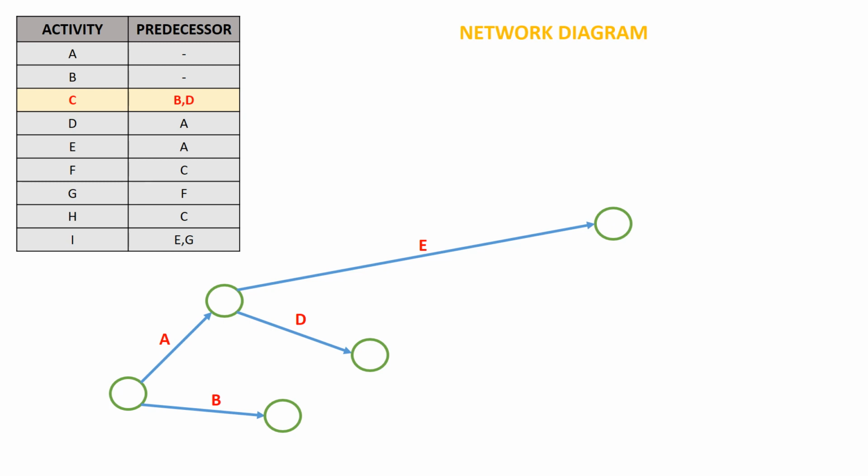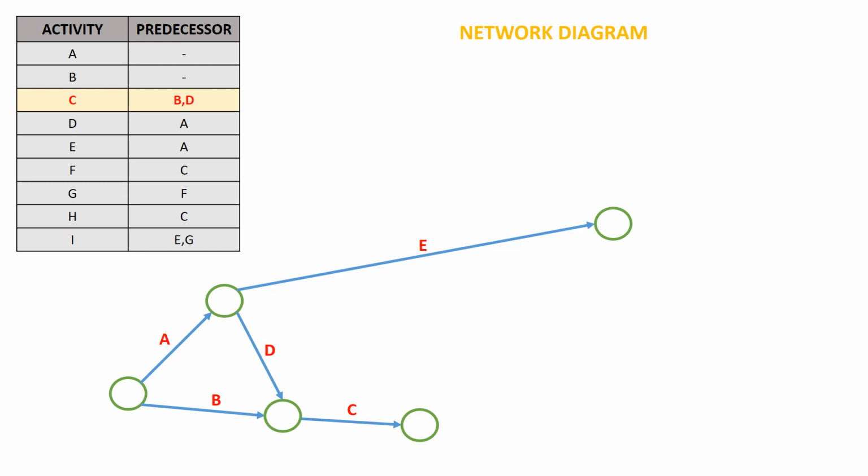So in order to get B and D as the predecessors, I need to erase activity D and draw something like this. Now you can see I can draw my activity C, for which I have activity B as well as activity D as the predecessors. So these minor adjustments have to be done in the network diagram in order to get the proper relationship between the activities.